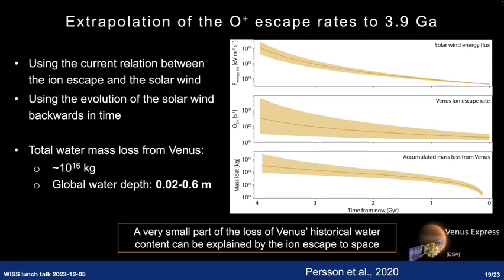And so of these 100 meters of water on the planet of Venus, about 0.5 meter of this has been lost through escape to space in the past, maybe 4 billion years. So that means that a very small part of it has been lost to space in this form.